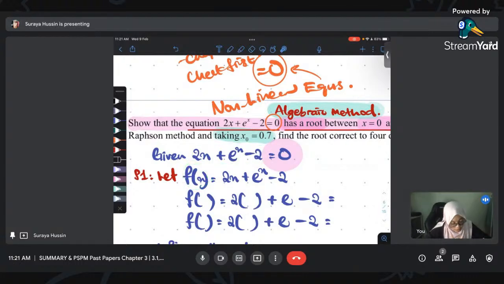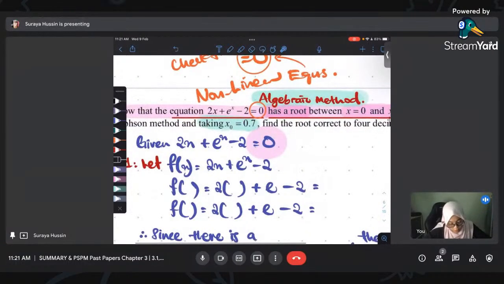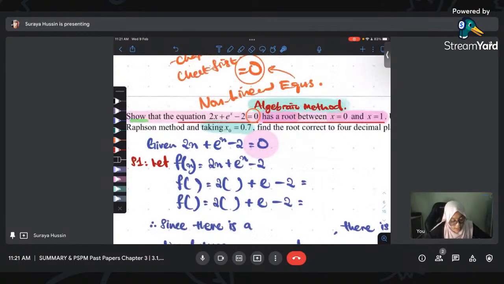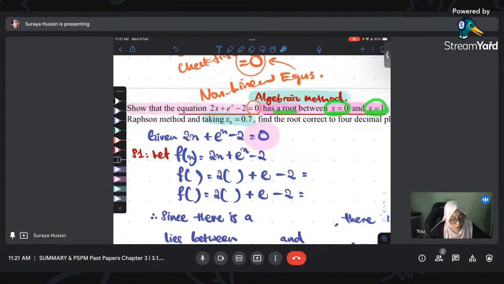Okay? And so, dia dalam soalan ni, dia yang suruh show that whether it has a root between 0 and 1. So you will be using the 0 and 1 into this function. Okay, so this is how you are going to do it. You just masukkan nilai 0, masukkan nilai 1.